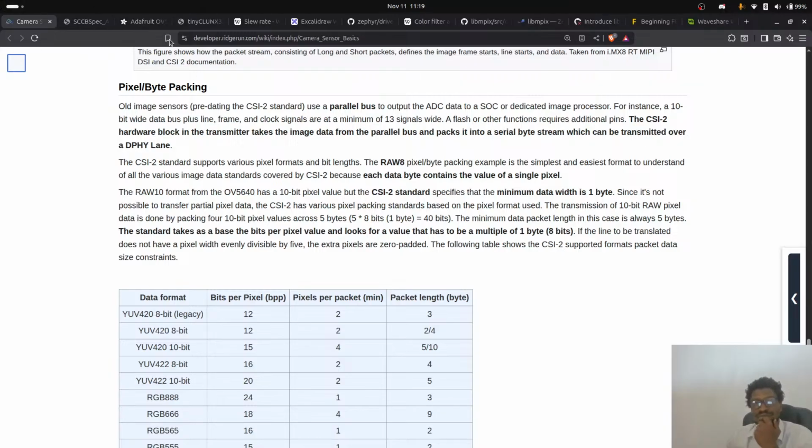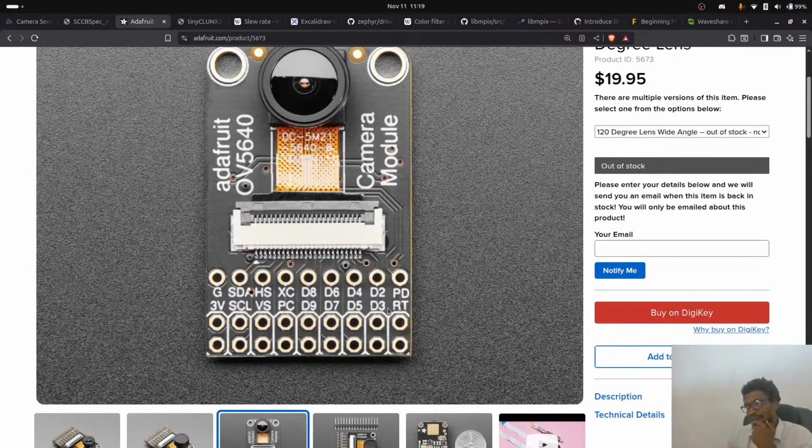So this kind of image sensor uses a parallel bus because it's D2 all the way to D9, an 8-bit parallel line that is sending data straight to, just the same as I've shown you on the MCX N236 Freedom board. It's not using CSI. The wire is going straight into the system on chip or the MCU, and the MCU is consuming that and controlling it.